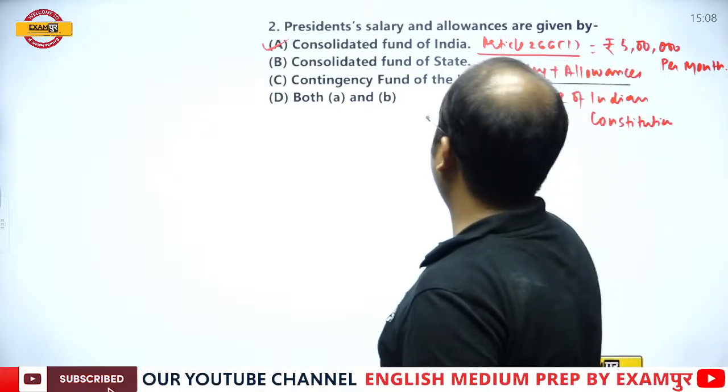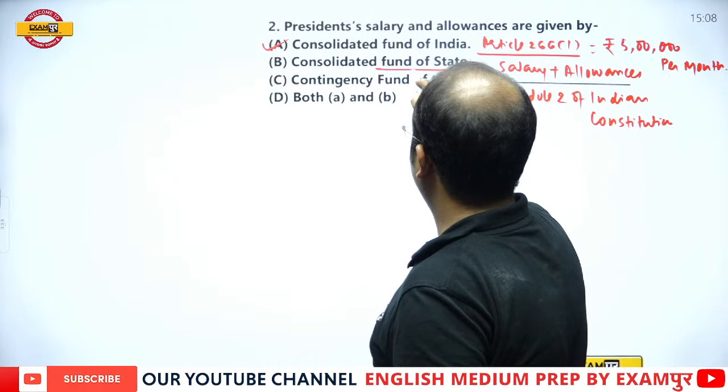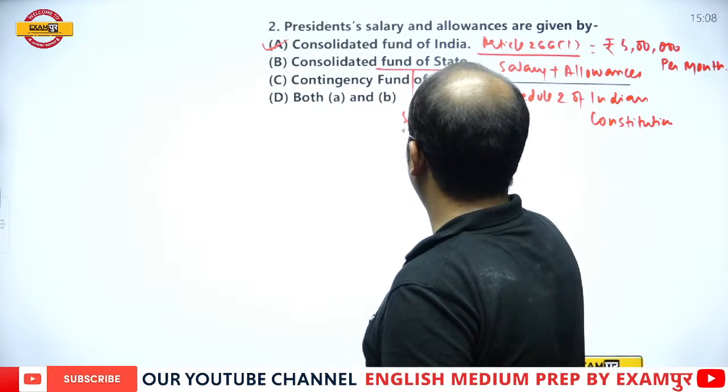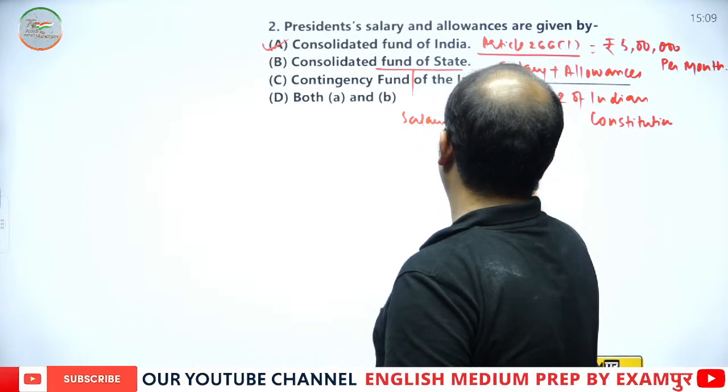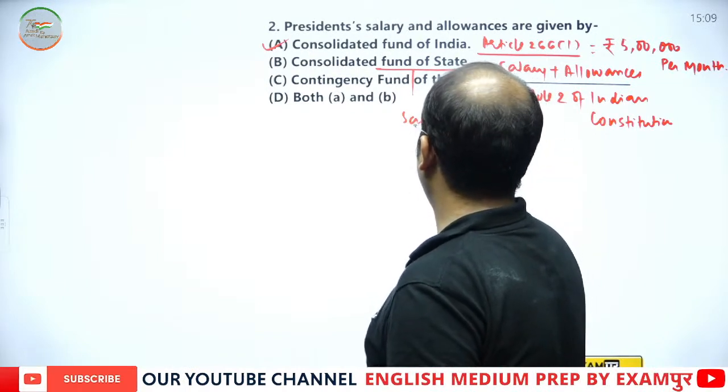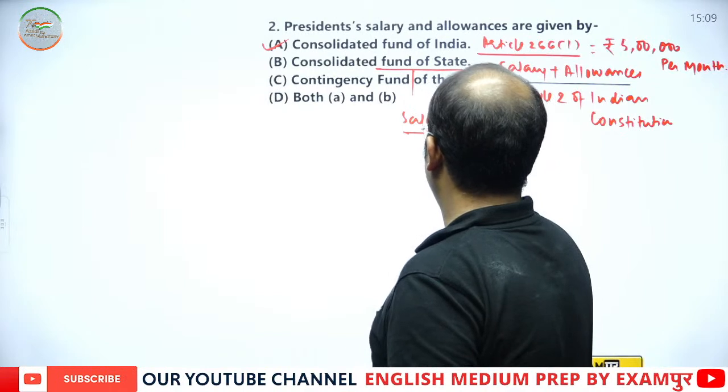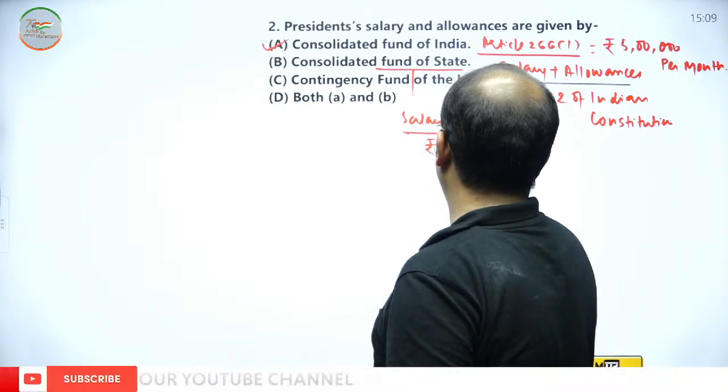Now, if I talk about the Consolidated Fund of the state, the salary of the governor comes from the Consolidated Fund of the state, and this is 3,50,000 rupees per month.